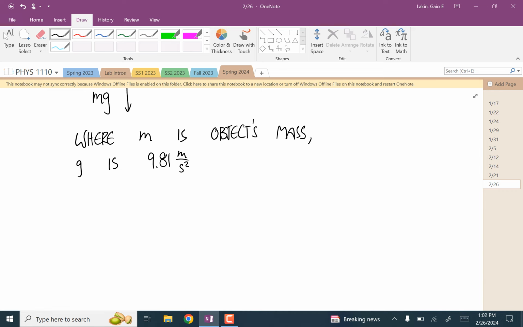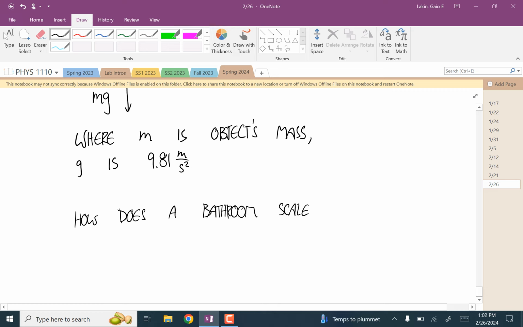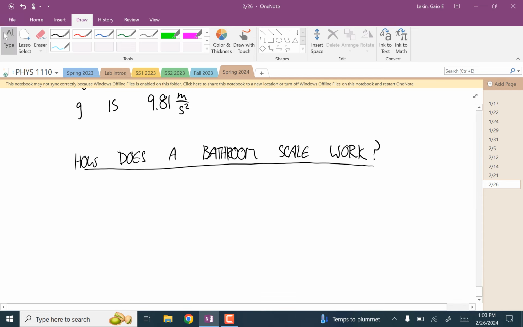So let's think about how a bathroom scale works, okay? How is it that a bathroom scale can measure the force that gravity is applying to an object? Well, the way it works is this.